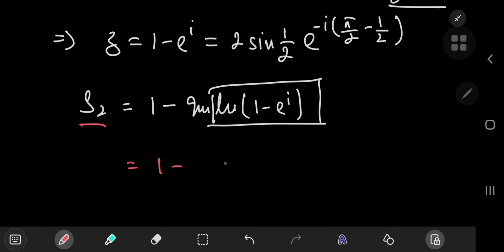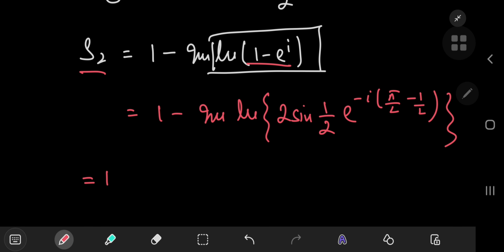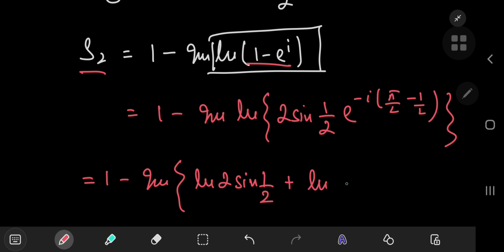So this equals 1 minus the imaginary part of the log of this complex number, which in the polar form quite nicely sorts out to twice the sine of 1/2 times e to the negative i times pi by 2 minus 1/2. Okay, cool. And using the properties of the logarithm, we can write this as 1 minus the imaginary part of log of 2 sine 1/2 plus log of e to the negative i times pi by 2 minus 1/2.